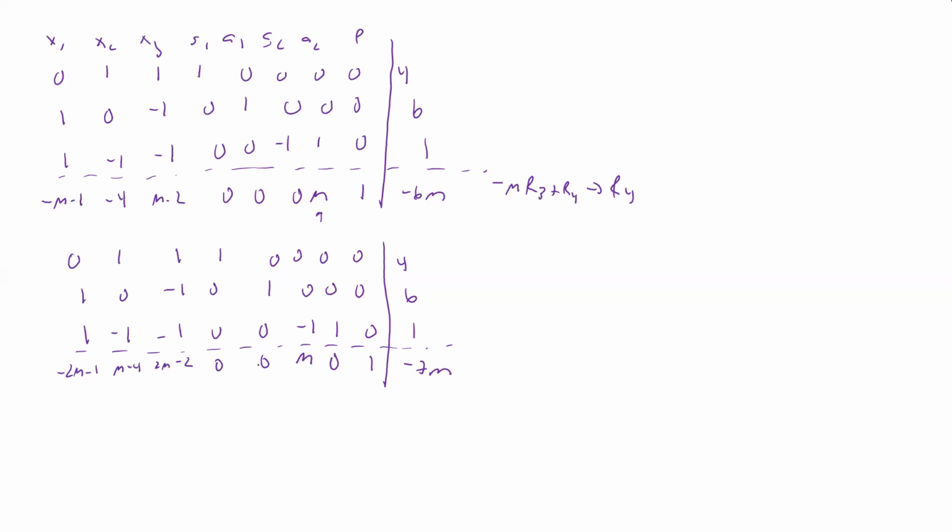There's no m's with the A columns. And so I think we can use this tableau as our initial tableau. So what does that mean? So S1 is going to be 4. This one was A1. This one was A2. And this one was P. And so now that's what our tableau is.